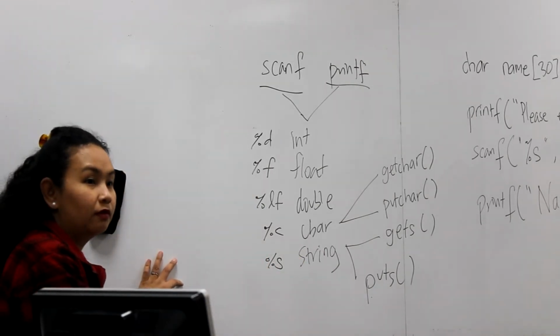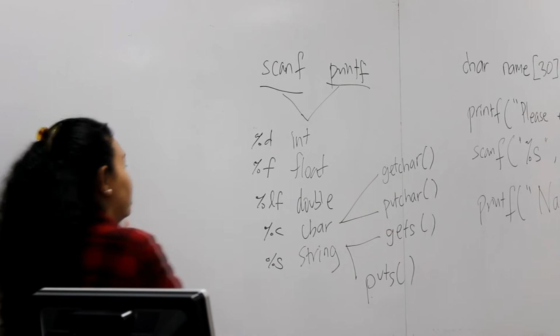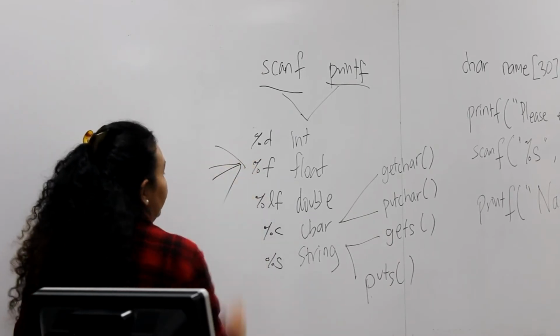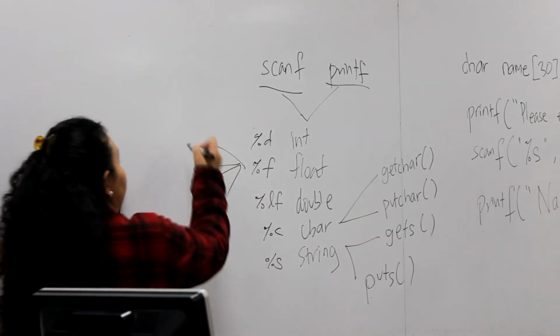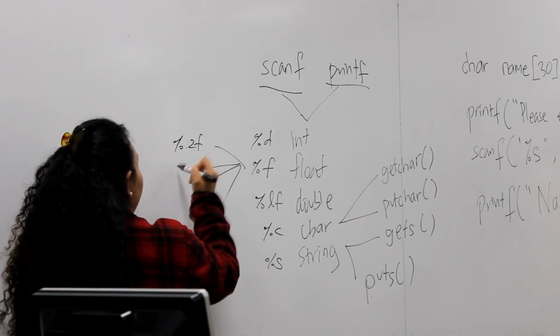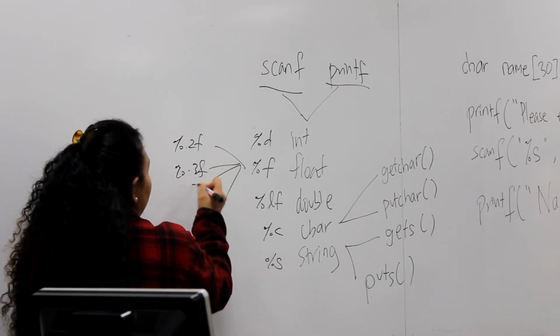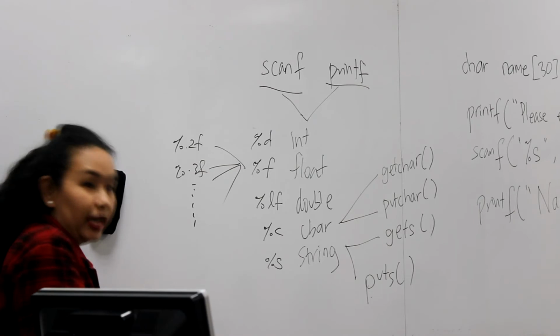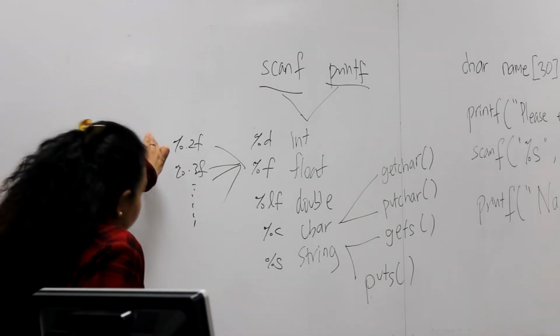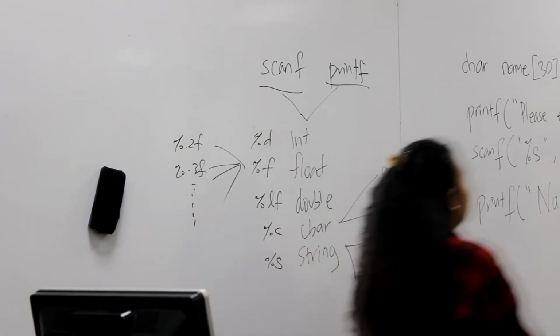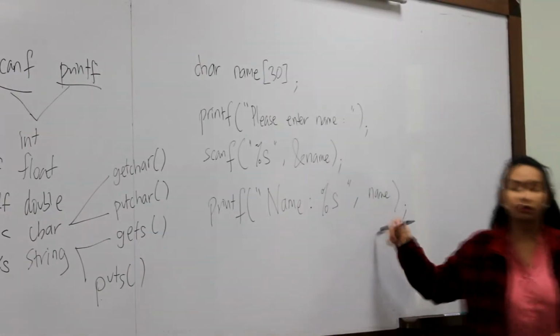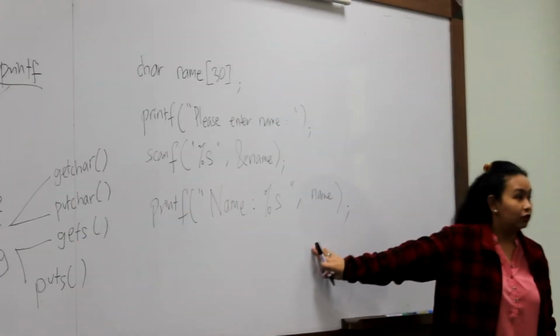Simple? Yes. And remember your %f, you have many variations of your %f, %.2f, %.3f, and so on. Whatever your placeholder is, it will determine the type of the output.